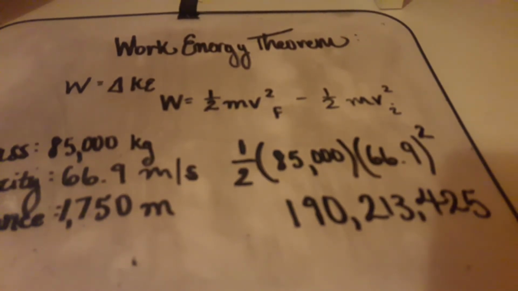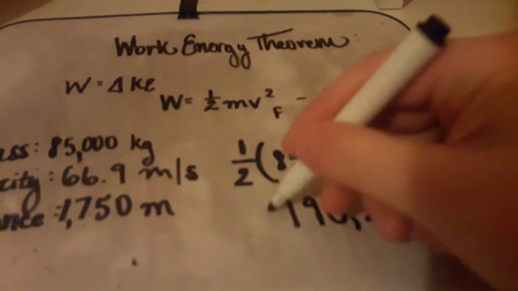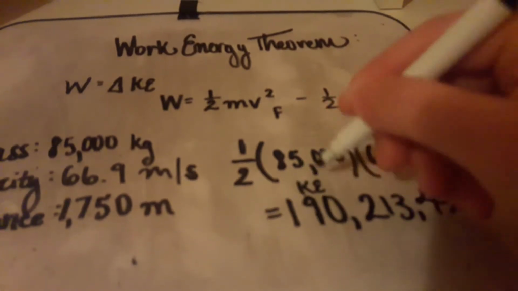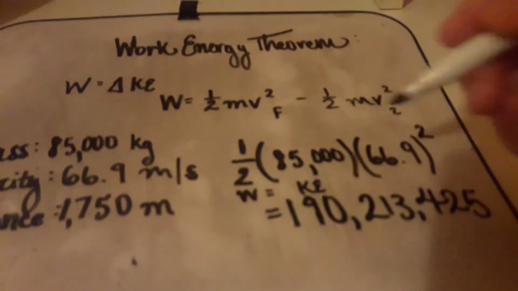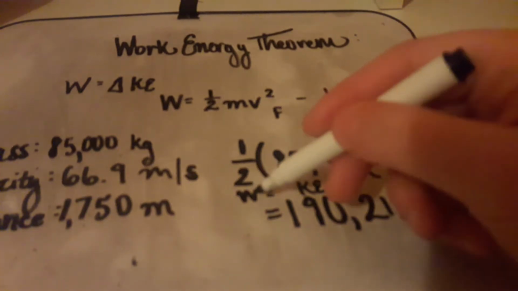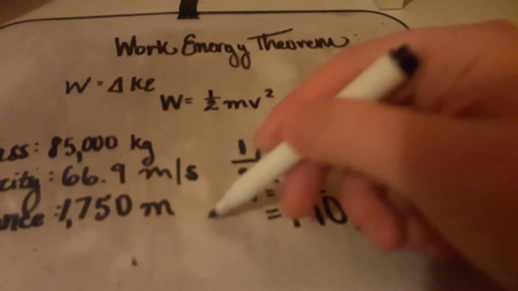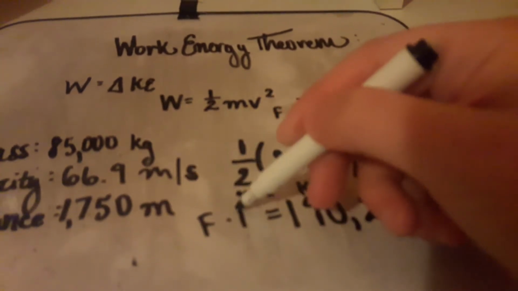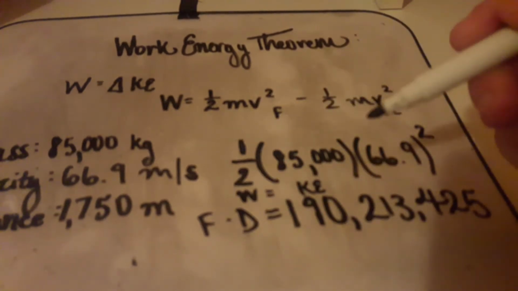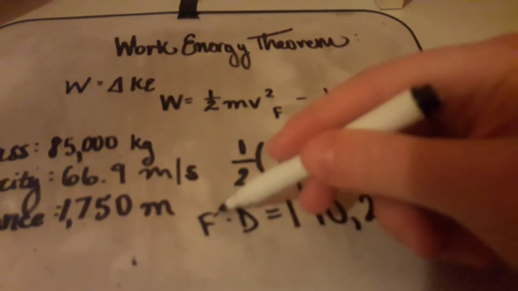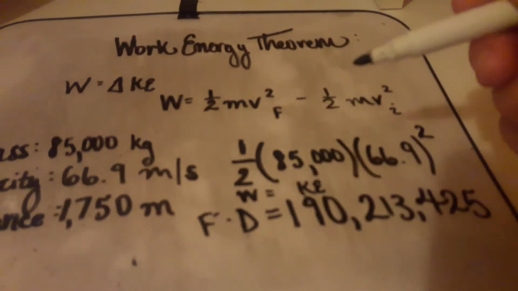Now, since we have to find work, so this is the kinetic energy, but now we have to find work. So what is work? Work is force times distance, correct? But what happens if we don't have the force, only the distance?